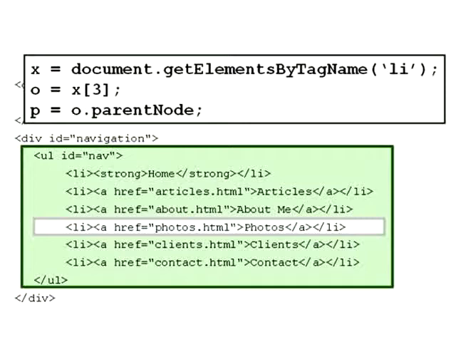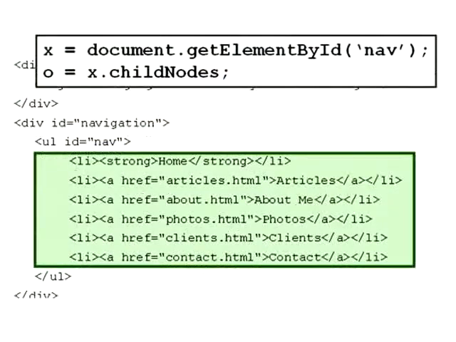We can also use parentNode. So the parent node of our element, our LI, is UL. So UL represents the parent node. We can use childNodes.